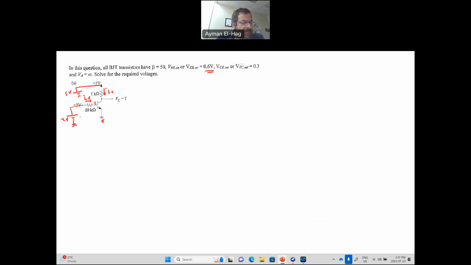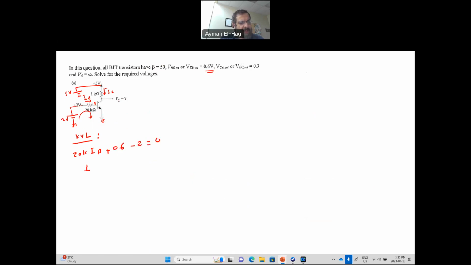Okay, so we'll do KVL in this loop. What do we have here? The current IB is going in, so we have 20k IB plus VBE, which is the 0.6 volt, continuing with the KVL, minus 2 equal to 0.